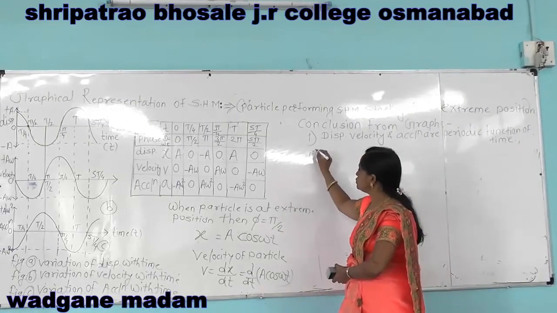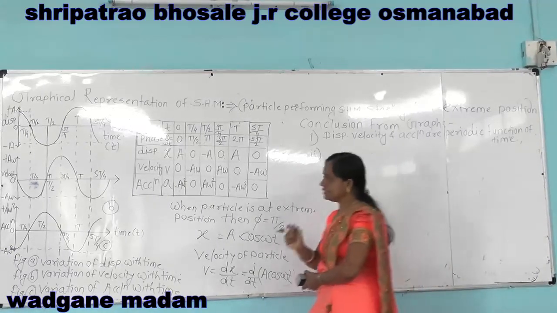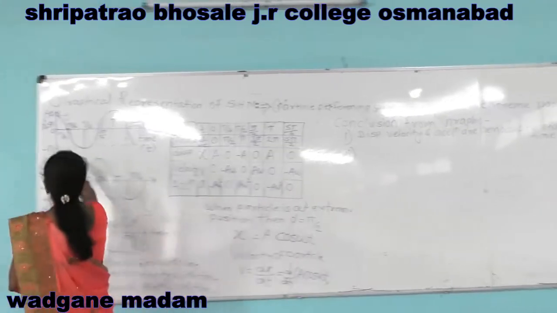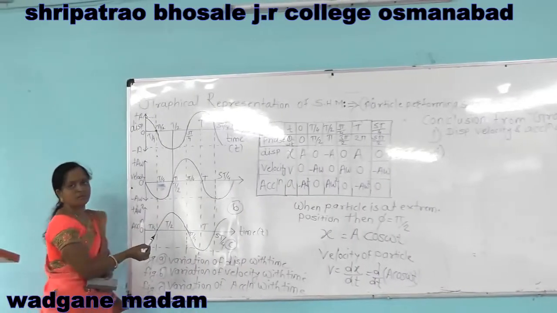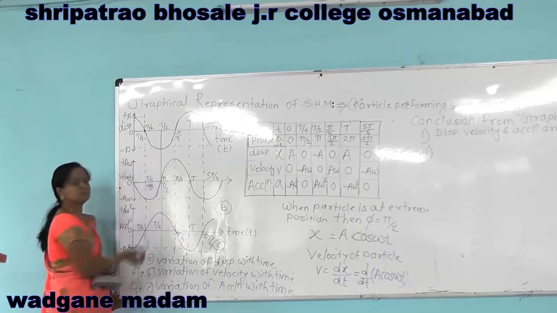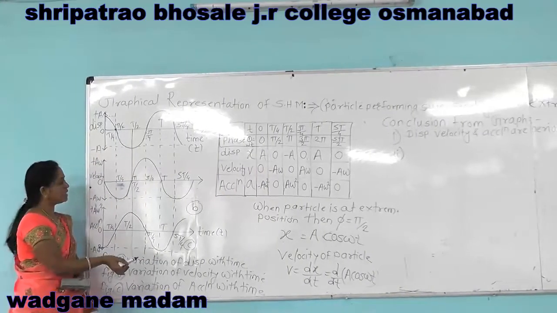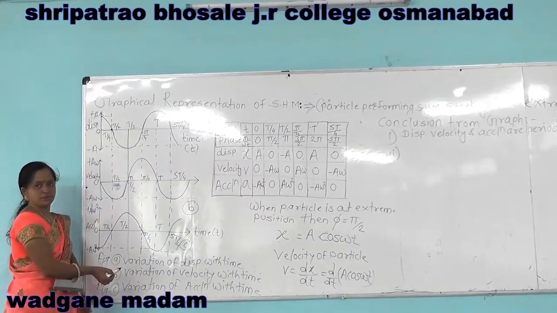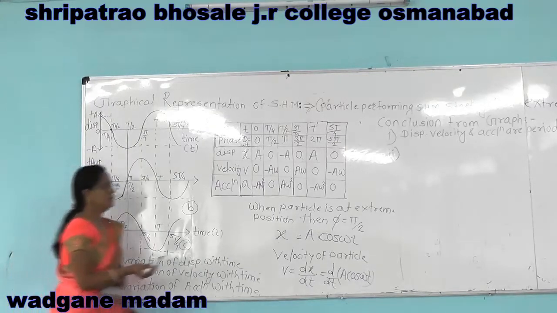Then the second conclusion we can see here is that the displacement time graph and acceleration time graph are cosine curves, and the velocity time curve is a sine curve.